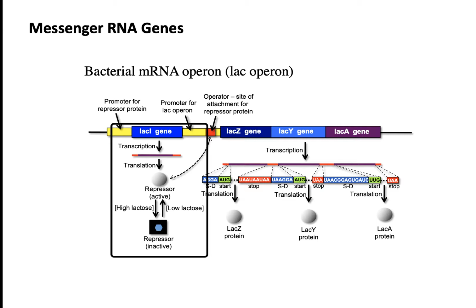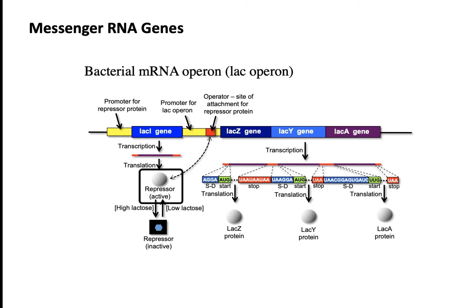The lacI gene is transcribed into mRNA and then translated into the LacI protein, which is a repressor protein. So when the amount of lactose in a cell is low, the repressor can bind to the operator, and this then stops any transcription of the lac operon.